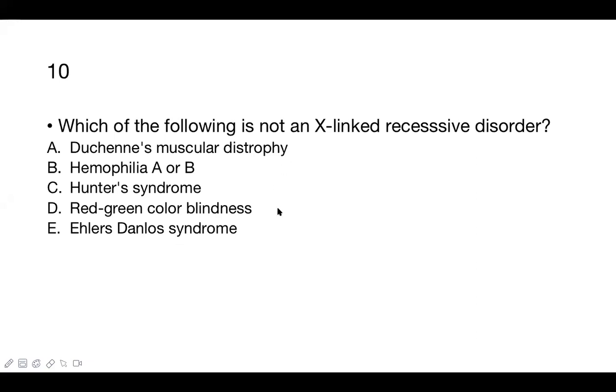This is a very important slide, because you are getting the examples of X-linked recessive disorders here. In any other question, any one of these choices can be taken and asked. Like Duchenne muscular dystrophy. This is an X-linked recessive disorder where, of course, boys are affected.